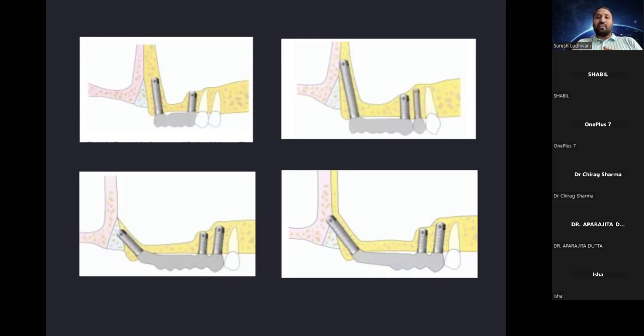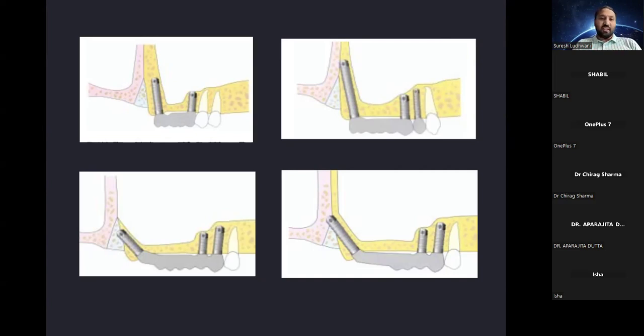Now the topmost one is a very difficult task to achieve: placing a totally vertical implant and engaging the tuberosity and the pterygoid plates. The pink part is the pterygoid plate, the blue part is the triangular bone, and the yellow part is the tuberosity bone. Now, is this all right or wrong?